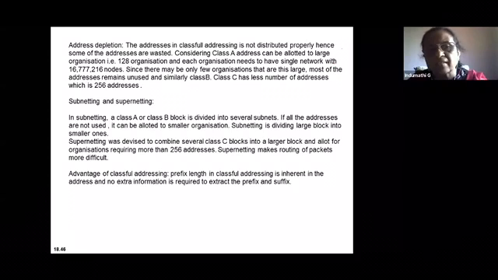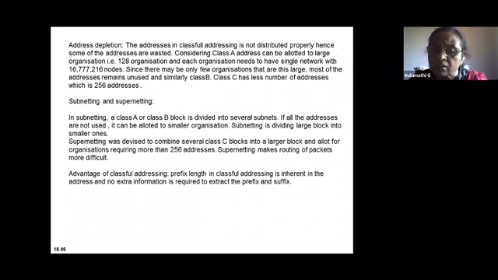So what is the next solution for address depletion? They went for what is called as subnetting and supernetting. So in subnetting, the organization which wanted a few more than 256 addresses took the class A or class B block of addresses and divided it into smaller blocks, or subnetted the larger block into smaller blocks, and gave it to their sub offices or something like that.